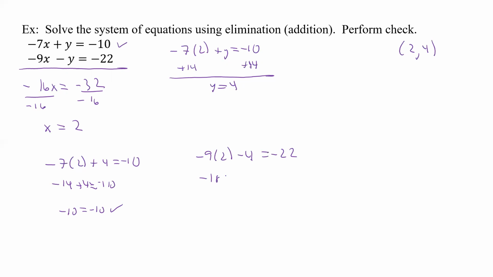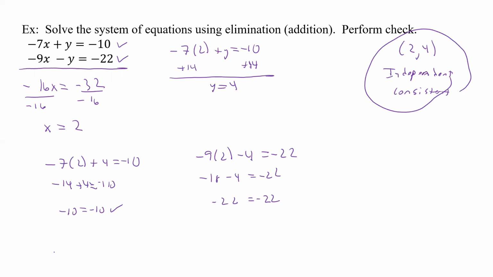Well, that's a minus 18 minus 4 equals minus 22. 8 and 4 is 12. Carry, that's a minus 22 equals a minus 22. That checks. And so we do have another independent and consistent system. Okay, oops. Maybe we should circle that again a different way.